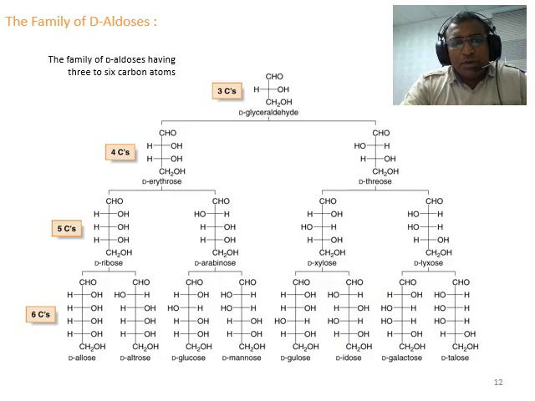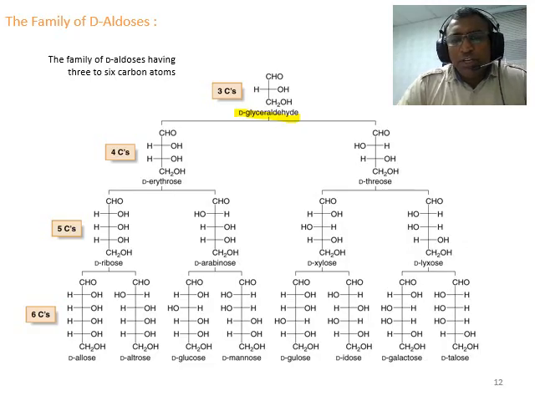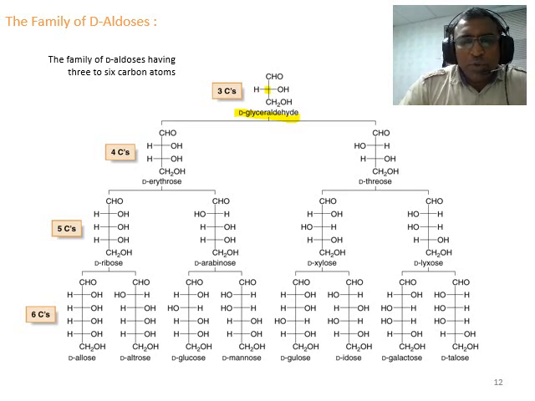Here we put together all the family of D-aldoses, but you have to realize that because it's the family of D-aldoses, what is not shown is the L-aldoses. So if you have D-glyceraldehyde, do remember, because it has 1 stereogenic center there, there should also be L-glyceraldehyde.